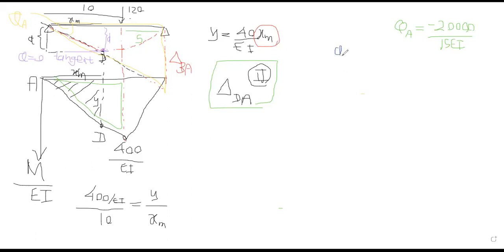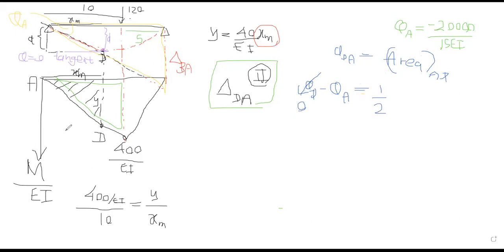So theta DA is equal to the area between A and D, right? That's very simple. Theta DA means theta D minus theta A. This is 0. Why? It is the maximum deflection point, so theta is 0, the tangent is horizontal. So the area, half, is also negative.